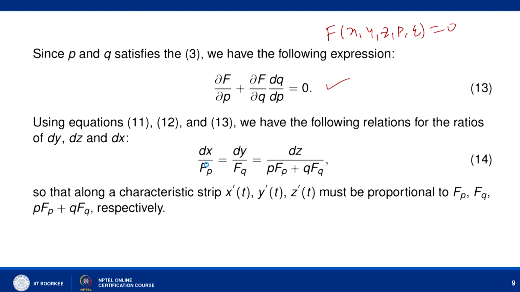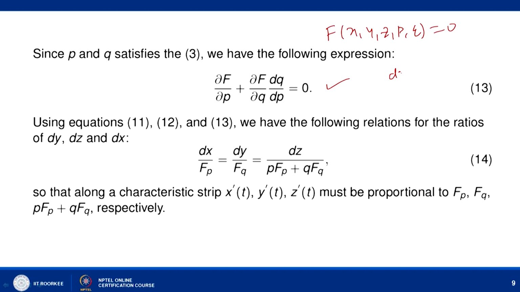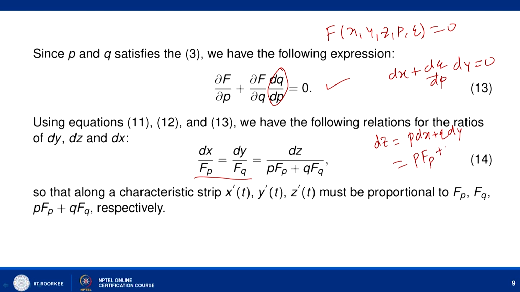So if you recall, the previous relation is dx plus dq by dp dy equal to 0, and here we have this relation. So we can equate the value of dq by dp from these two equations, and we have the following relation, that is dx by fp equal to dy by fq, and you can get the ratio for dz, that is p dx plus q dy, which gives the ratio p fp plus q fq.